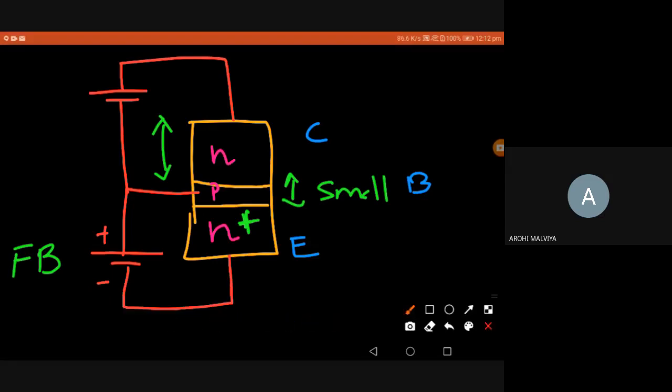This point is the base. Now the base is at a lower potential than the collector. Is it visible? Yes, because the collector is plus and the base is minus. Because of the voltage source, we can see that the collector is at a higher potential than the base. Okay, so this is just an observation. I think you can draw this in your notebook and just understand that.